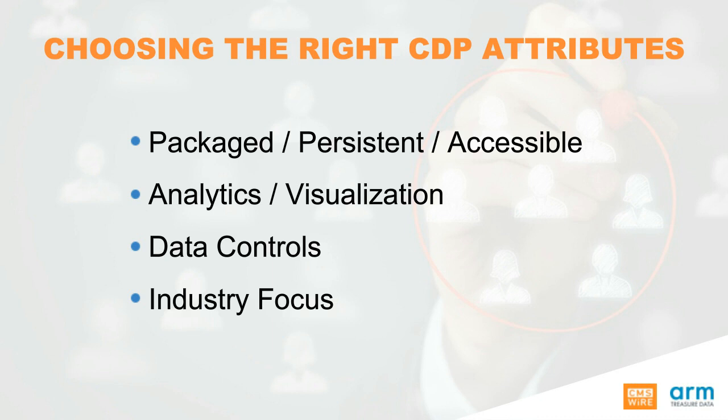And then look for data controls, right? A good, robust CDP is going to have advanced data controls. That's going to give you the ability to control what data is sent to which database or integration point. That's all important so that you're routing the right stuff to the right places. And then industry focus. We're going to talk a little bit about this more in a moment, but basically some CDPs as well as their vendors are really geared towards particular industries.